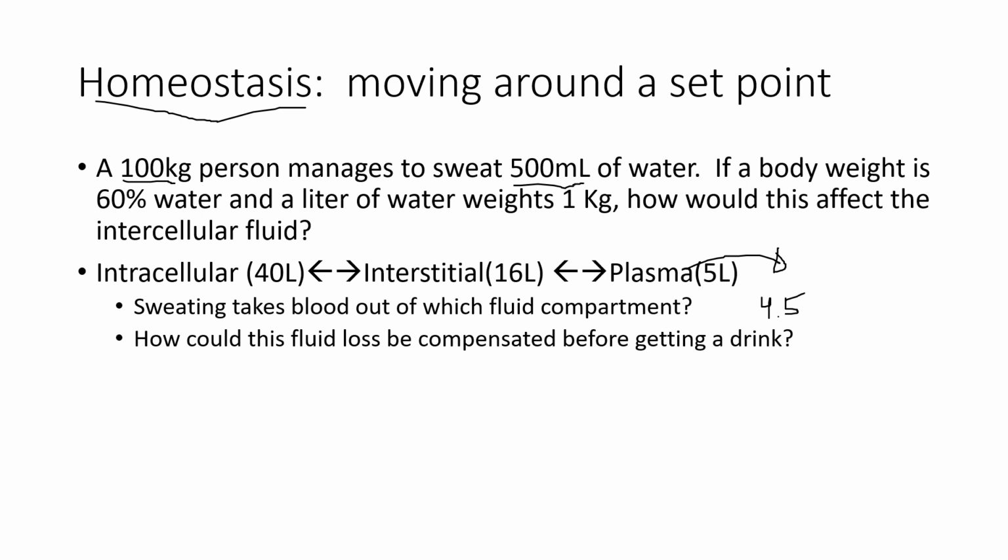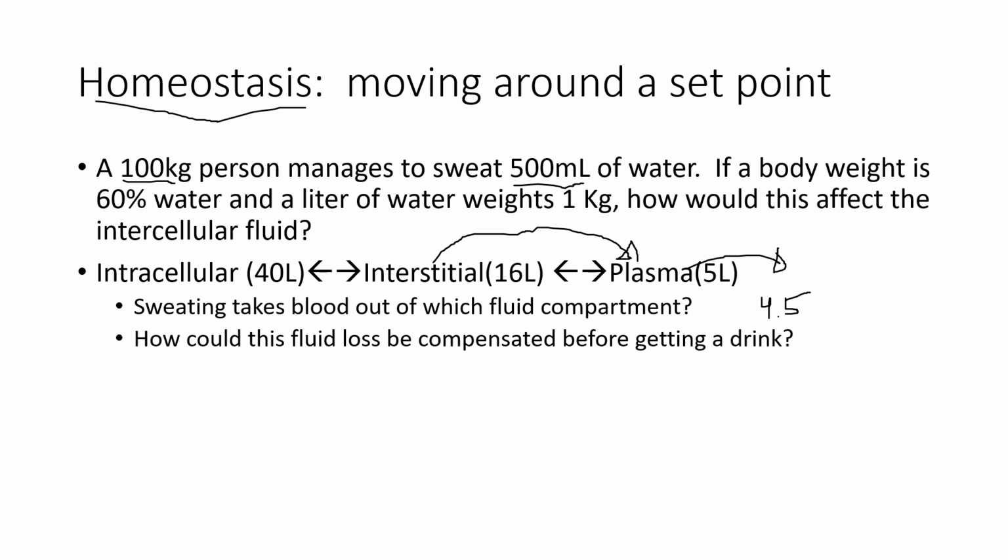Now, once that happens, you have to get fluid to equilibrate it. The reason is the drop in blood plasma will cause a drop in blood pressure. To avoid that, you can get fluid from the interstitium to move to the plasma.